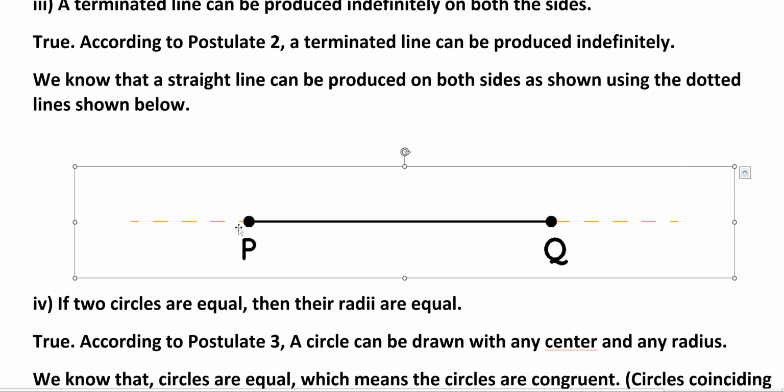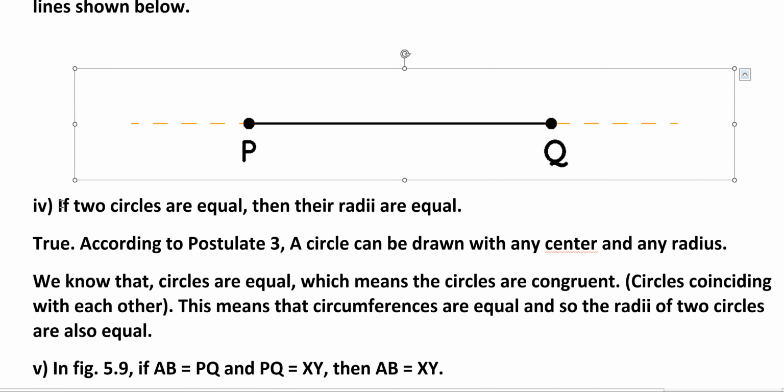P and Q, straight line, dotted lines shown below. Indefinitely on both sides. True, according to the postulate, a terminated line can be produced indefinitely.